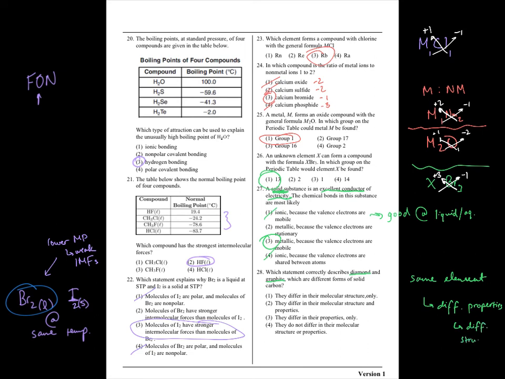So yes, they're the same element, carbon, but because they have different structures, they have different properties. So it's choice 2. Everything's different here. This solid carbon is an example of a network solid, okay? It's hard, it's solid. Because of these different ways of constructing things, they lead to different properties.